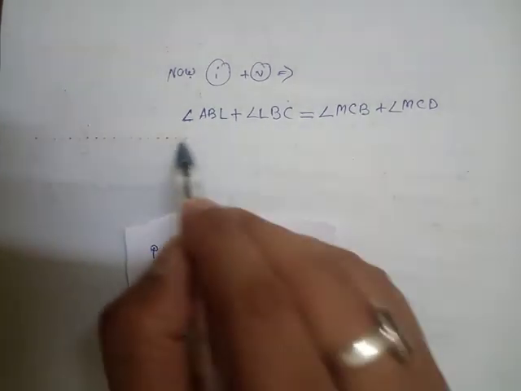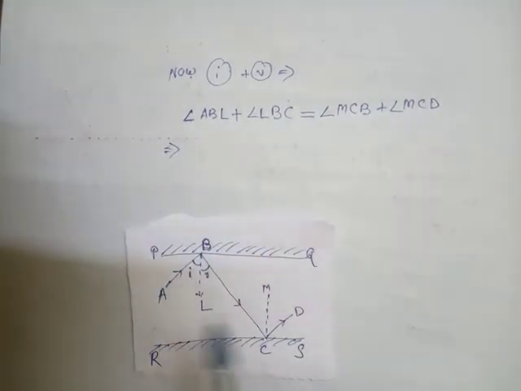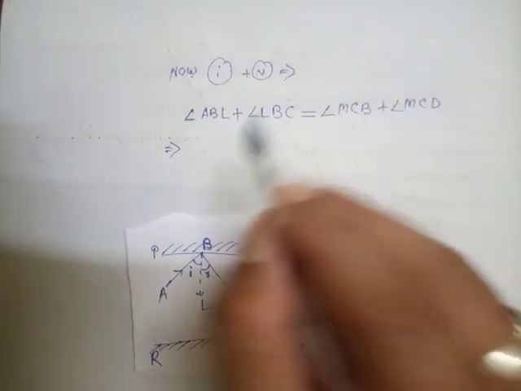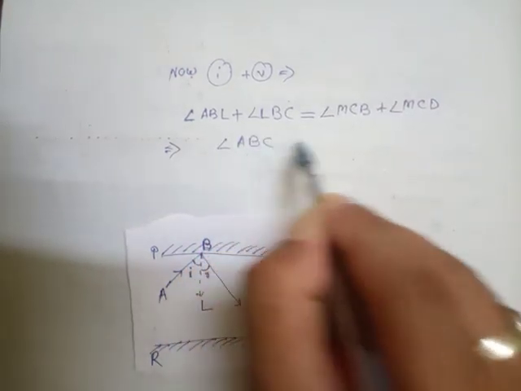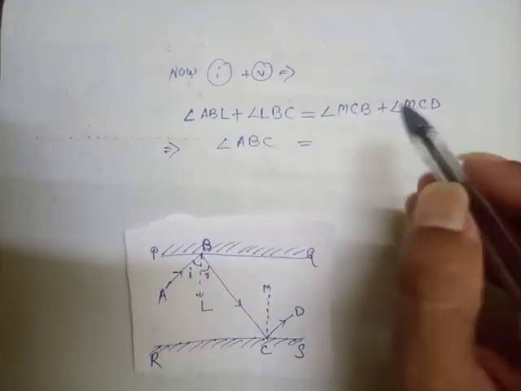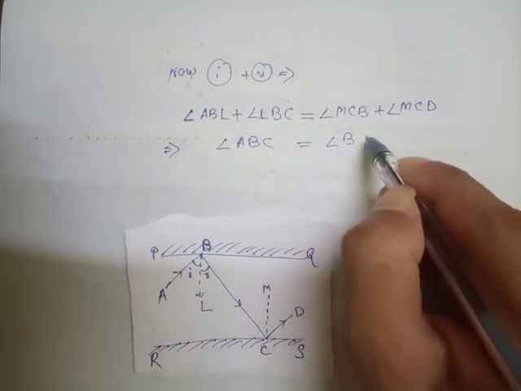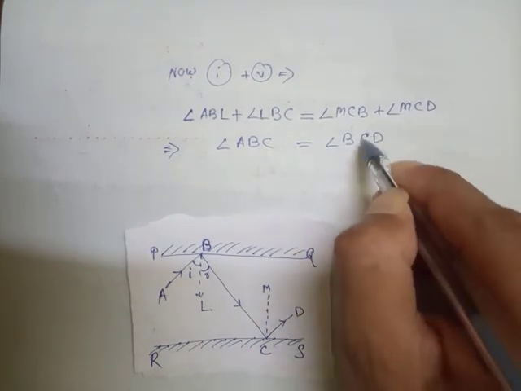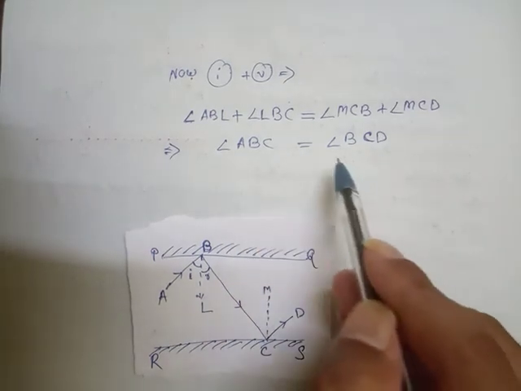If we add this, it becomes ABL plus LBC, so it becomes angle ABC. Now if we add this too, it becomes angle BCD, so angle ABC and angle BCD.